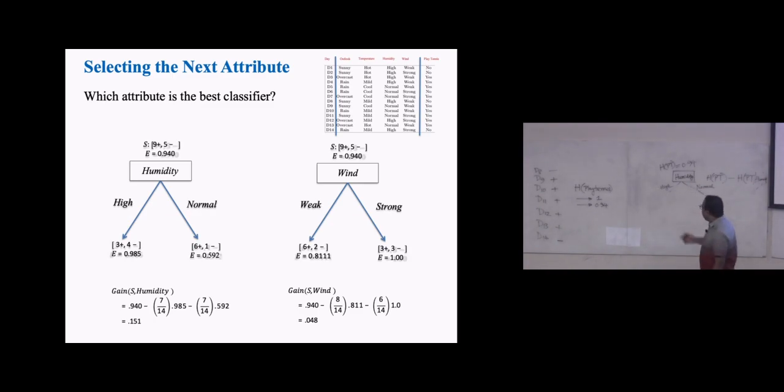If humidity is high, what are those examples? We need to now partition this data set based on humidity. So we need to look back at those 14 rows, and you need to see high, high, high, and high. So D1 to D4 belong here. Normal, next 3: 5, 6, 7.